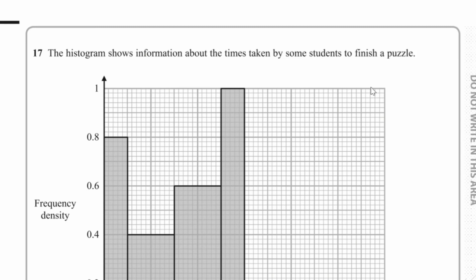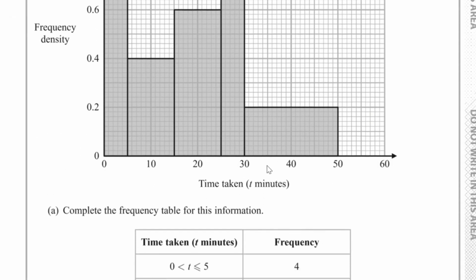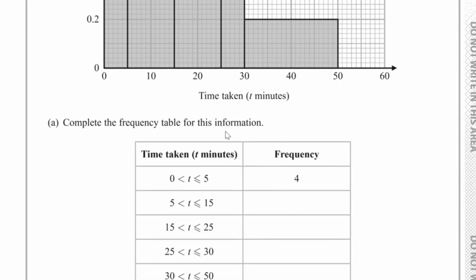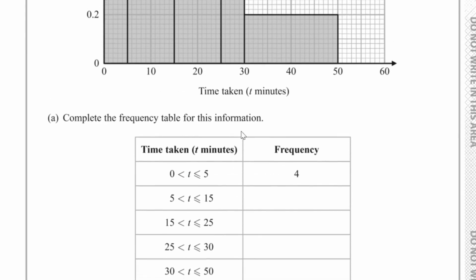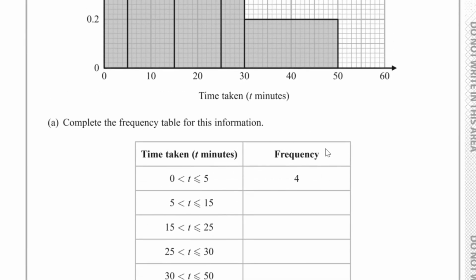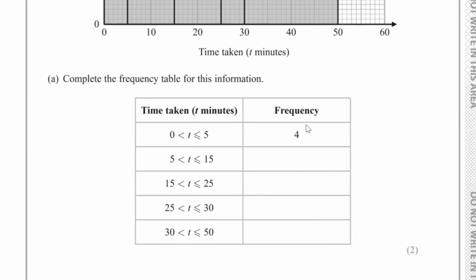Question number 17. The histogram shows information about the times taken by some students to finish a puzzle. That's what we see here. And for part A, we have to complete the frequency table for this information. Well, if we were to complete the frequency table, what we need is information about the class width, and we also need information about the frequency density.